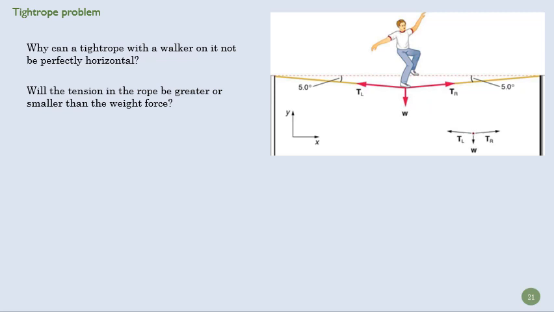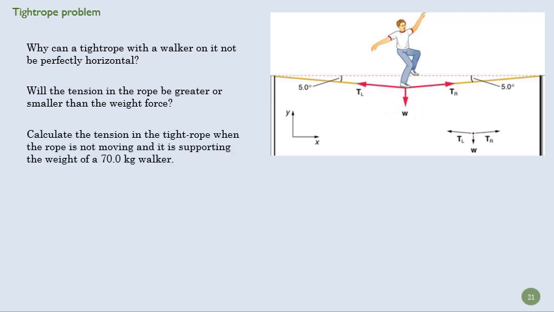Well, if you look at this and think about these 5-degree angles or so, you're going to need a lot of tension in the rope in order to counteract that weight force, because it has to be strong enough that its Y component, which is going to be a very small part of it, is strong enough to balance W. So that T is going to have to be big.